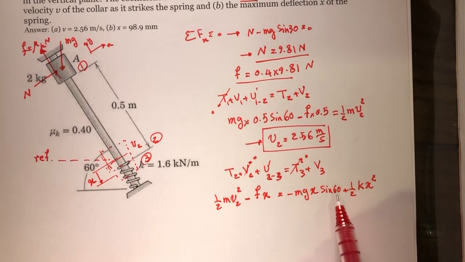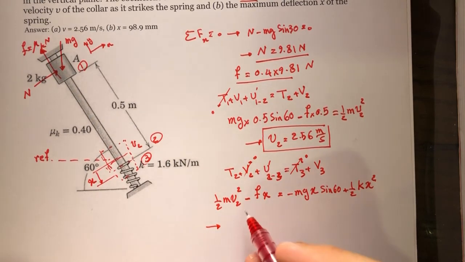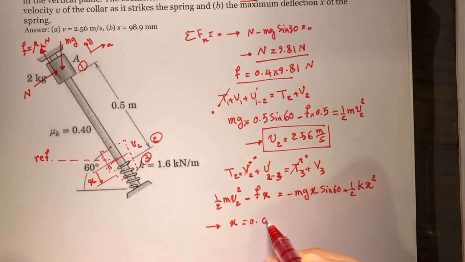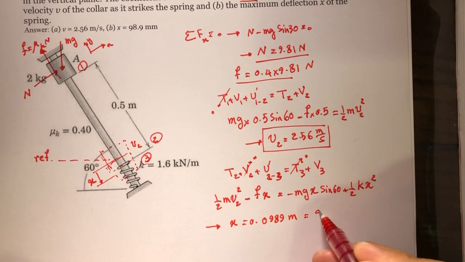So we are going to have a quadratic equation for x. You have x squared and also x in this equation. After putting the numbers in using your calculator, we can find x, which is going to be 0.0989 meter, or 98.9 millimeter.